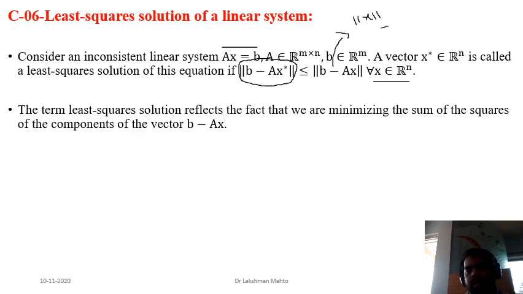So how do you define the norm of this one? It is the square root of a sum of squares of components. So x is an n-dimensional vector, so it will have n components, x1, x2 up to xn. So norm of x would be the square root of x1 squared plus x2 squared, plus it will go up to xn squared.